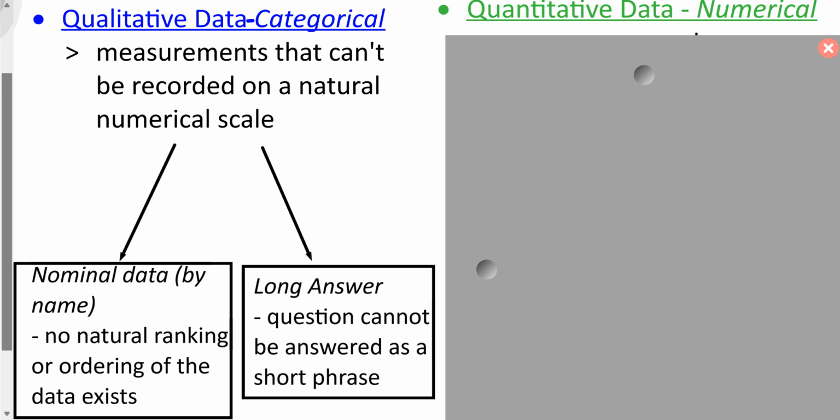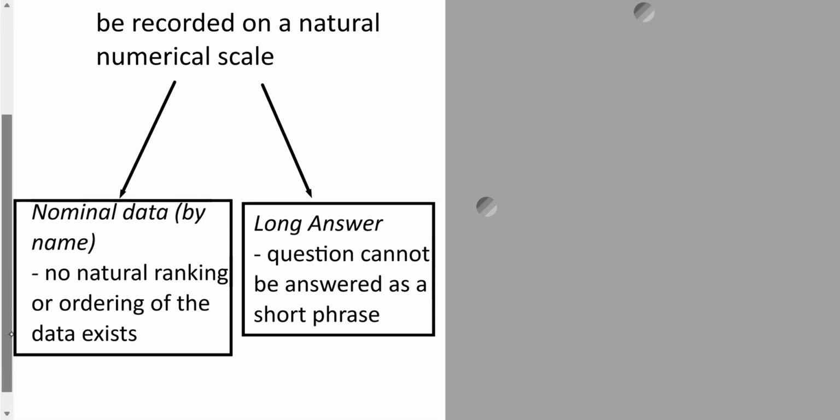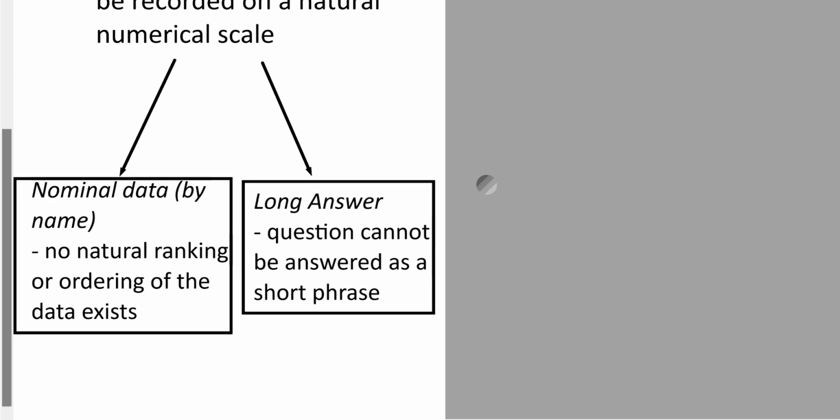So examples of nominal data could be things like yes or no. Short answer. There's no real way to rank them. Could be color of hair.